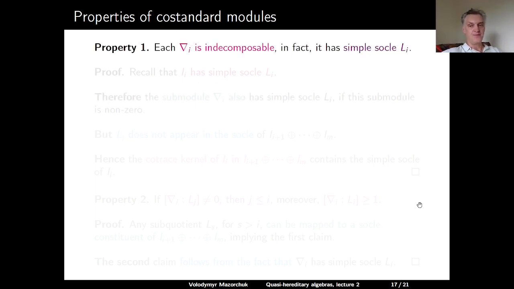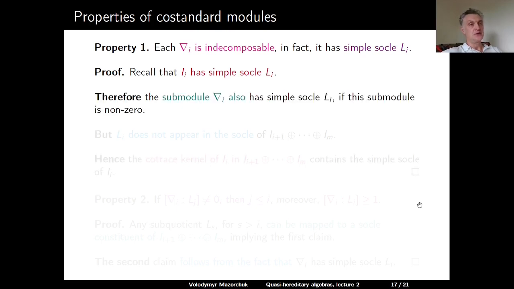Property 1: each nabla i is indecomposable and in fact has simple socle Li. Recall that the indecomposable injective envelope of Li has simple socle Li. Therefore, any submodule of this indecomposable injective envelope must have simple socle if that submodule is non-zero.